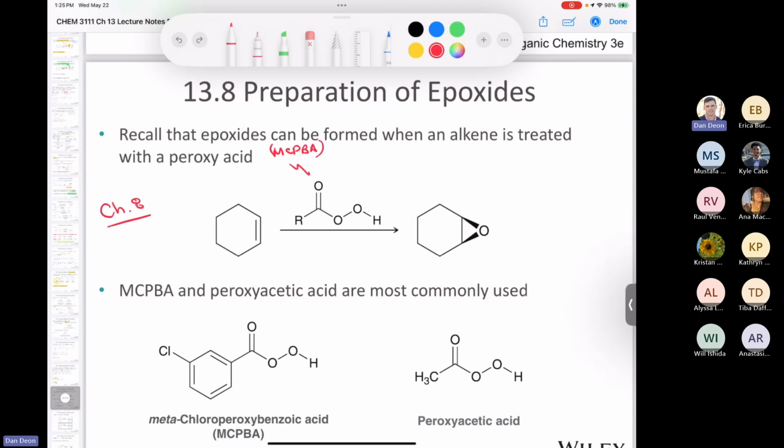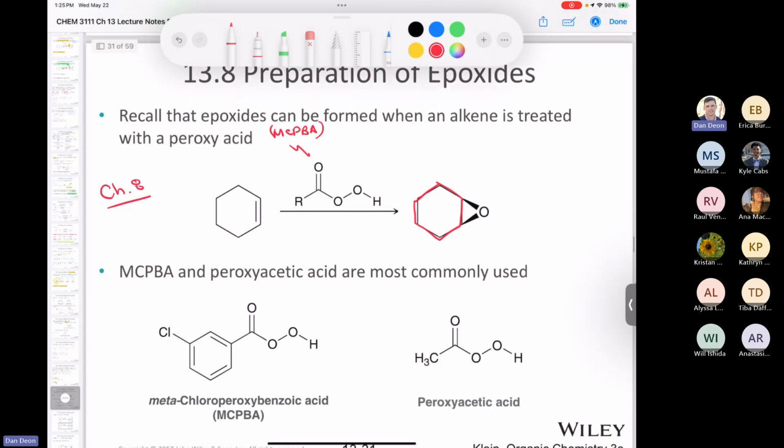So how would you name this compound here? This one, you would just call that epoxy cyclohexane, is all that one would be. Because the main carbon chain is the 6-membered ring, right? So going back to the idea of a peroxy acid, MCPBA and peroxyacetic acid are the two most common peroxy acids.